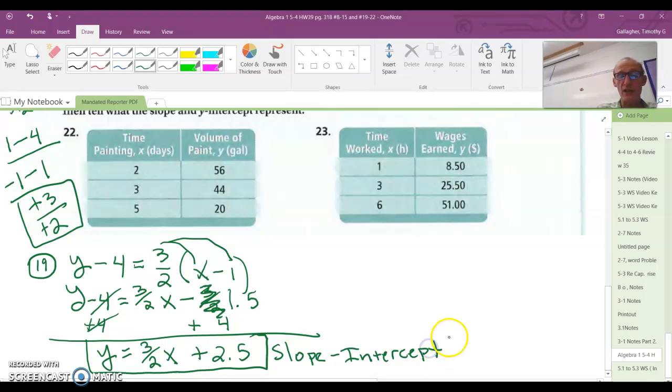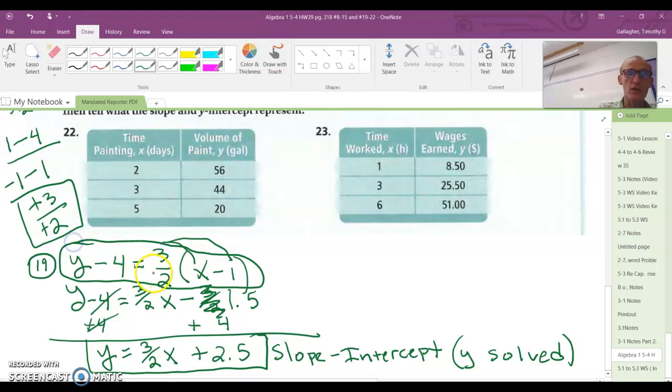Now, slope-intercept is y solved, so y is by itself. And there's no parentheses here. This right here, y minus 4 is equal to 3 over 2 times parentheses x minus 1.